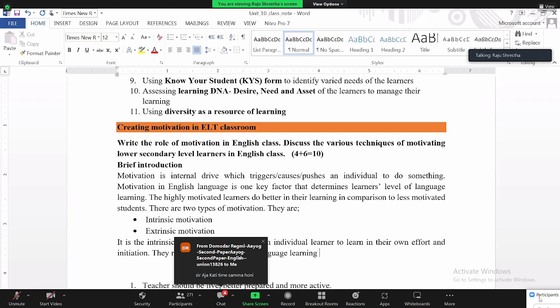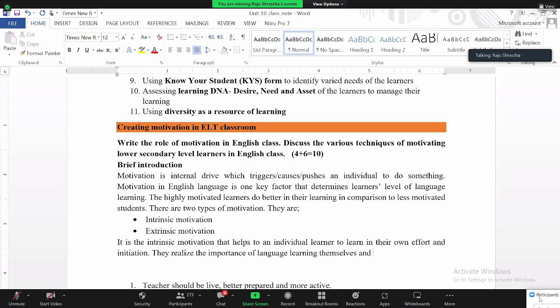They realize the importance of language learning themselves, and they are motivated to achieve or learn in their own way.